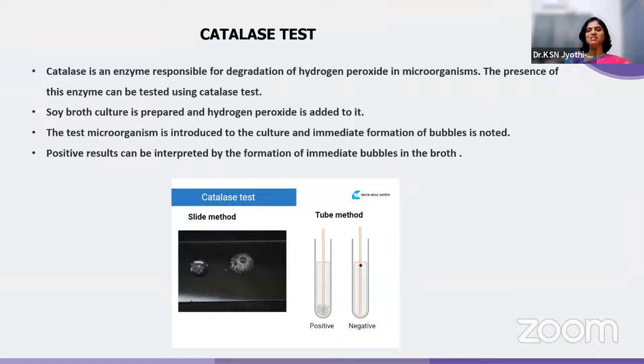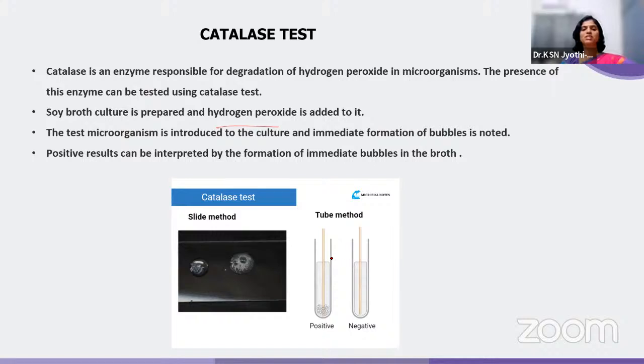Similarly, a catalase test is done. Remember in the introduction, I said the purpose of bacterial biochemical tests for identifying them is their ability to use a particular enzyme and give rise to a product. When we add hydrogen peroxide to the medium, you will see that the microorganisms will produce bubbles.